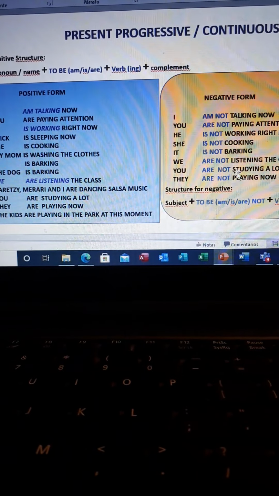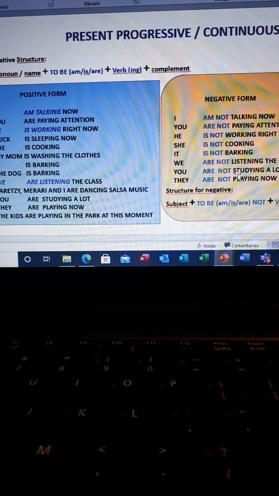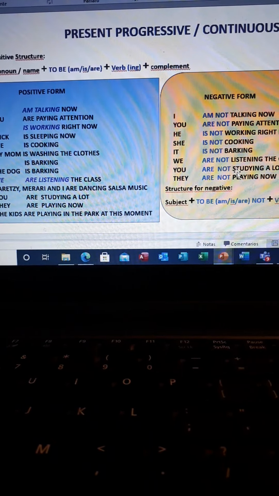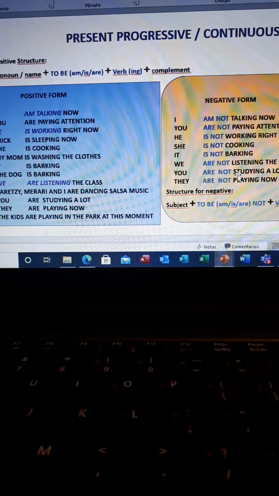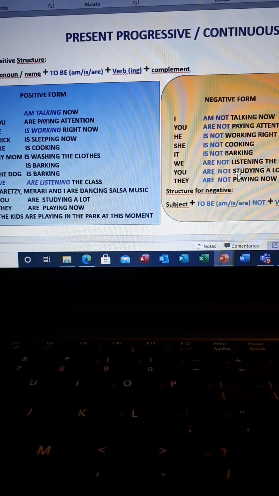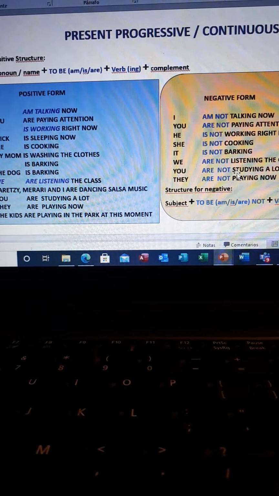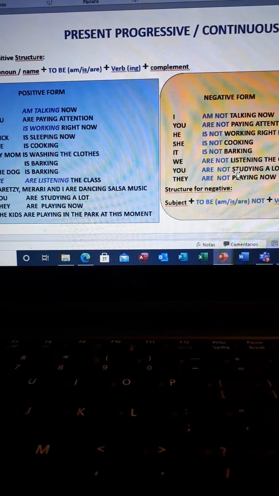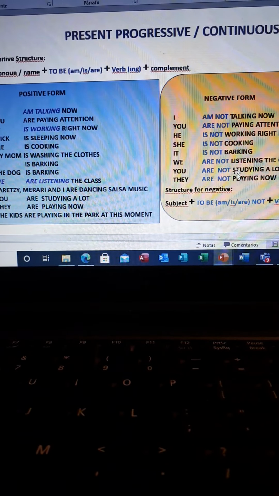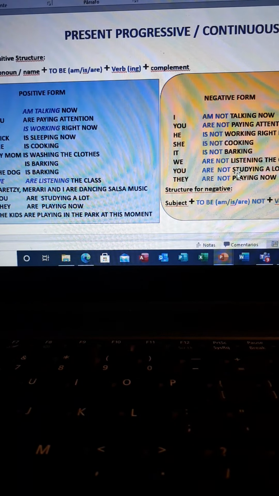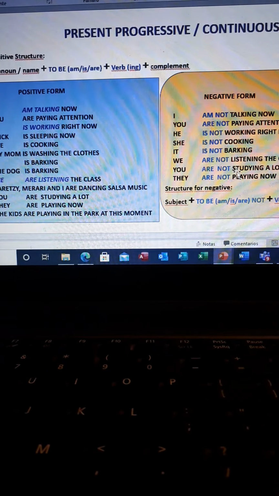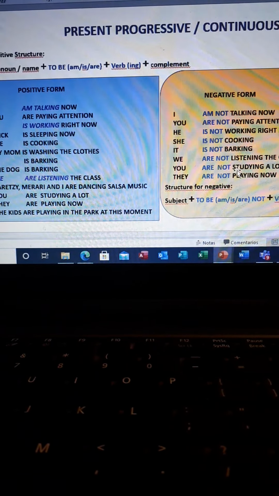In the action that you are using in the sentence or in the phrase or in the situation, you need to add ing to the main action: working, sleeping, dancing, reading, traveling, eating, etc. And with the ing, we need to work with the verb to be, conjugated with the specific pronoun, name, or subject.